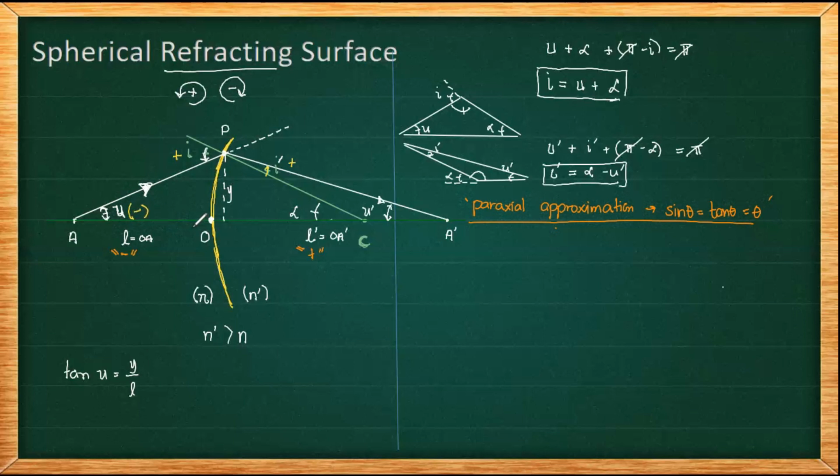Tangent u is y over L. So that means u is y over L. Again, tangent theta is opposite over adjacent, so that is just y over L. Also, for u prime, we consider this right triangle here, which involves y, so that is just y over L prime.